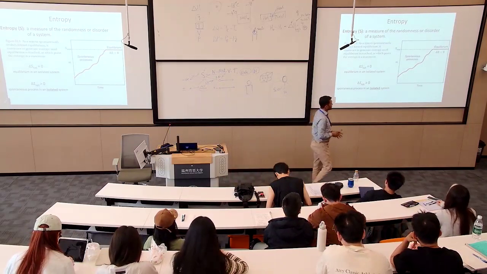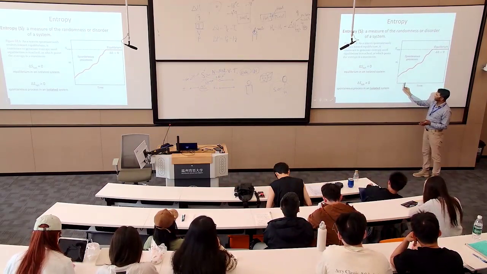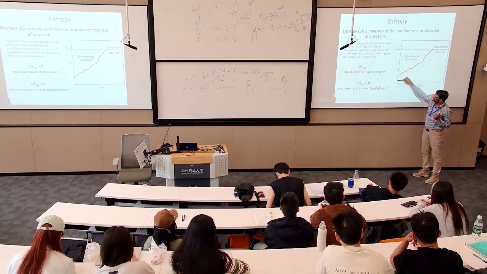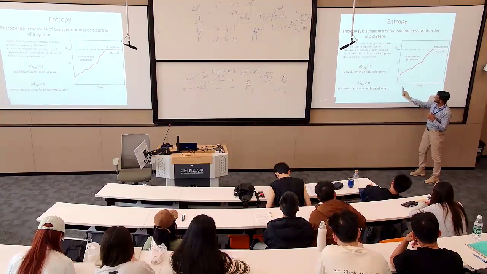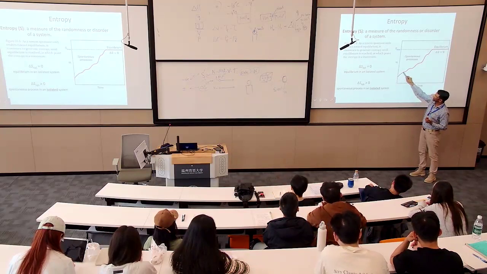Students, this is the entropy with time. So entropy is never zero, okay? It can never be less than zero. Its minimum is zero. With the passage of time, if entropy increases, it means the reaction is spontaneous.